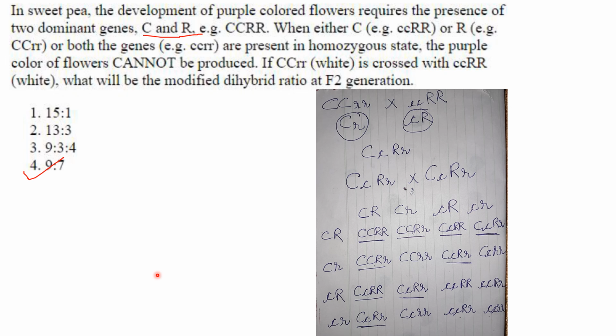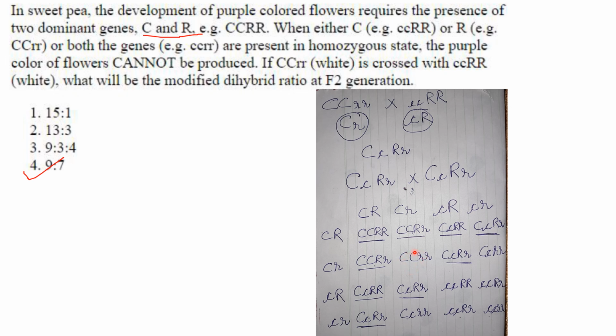Now again explaining, this is the cross, capital C small r with small c capital R, these are the gametes, this is your F1 generation. Then self the F1 generation and you will get F2, these are the gametes, these are the other 4 gametes. The ones which I have underlined are all purple because in them both capital C and capital R genes are present, and they are 9 in number: 1, 2, 3, 4, 5, 6, 7, 8, 9.